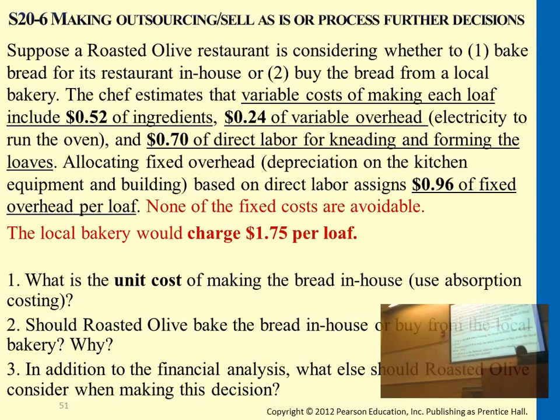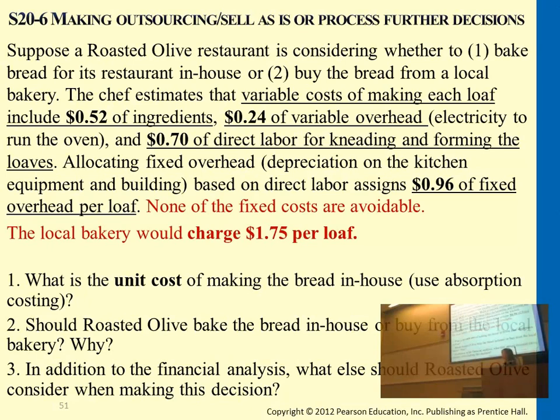Okay, good. So the $1.46 is the variable cost altogether, right? Then you add fixed cost, 0.96, and then you get the total unit cost for every loaf of bread, which is $2.42. So this is the manufacturing in-house part.